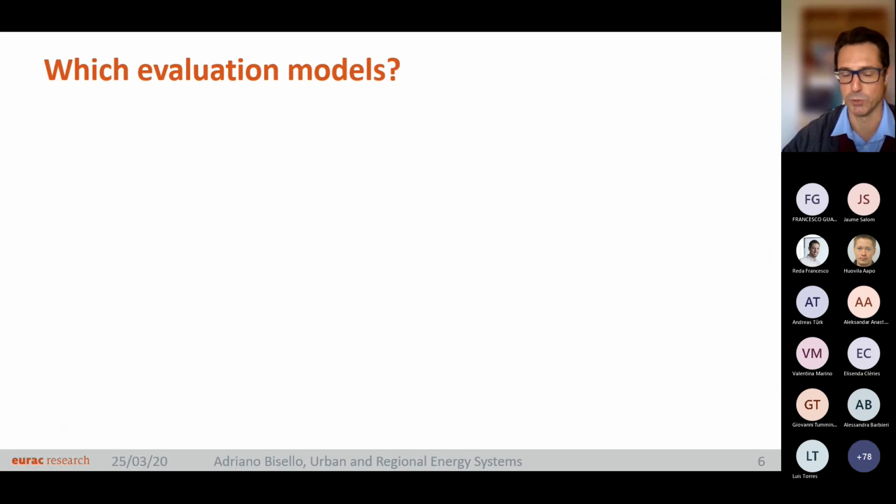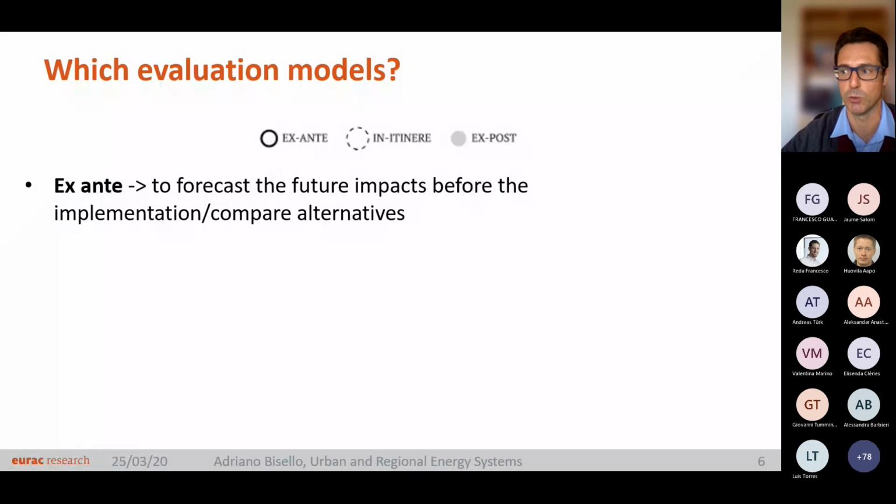Which are the evaluation models that we expect to find in these projects, and that we have to take into account to proceed with further investigation? Basically, talking about evaluation models, we have 3 different approaches. Ex ante evaluation, where we try to forecast future impacts before the project takes place, or to compare alternatives.